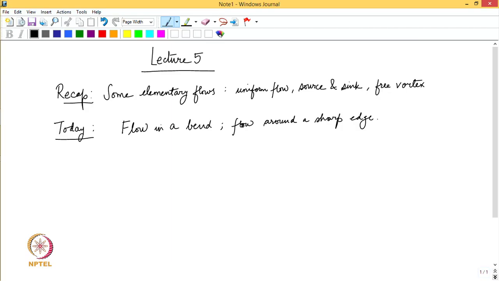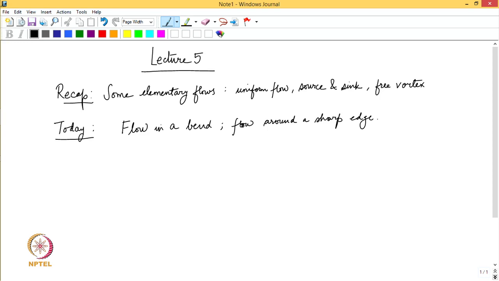So, let us just do a quick recap of what we did in the previous lecture. As you would recall, we looked at some elementary flows, namely 3 flow potentials: uniform flow, source and sink, and a free vortex. Now, in this lecture I will talk about 2 more flow scenarios.